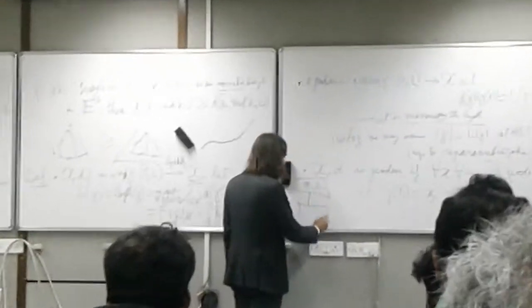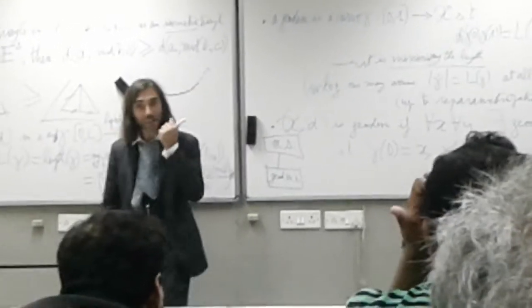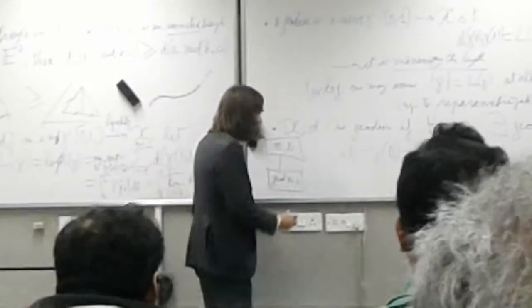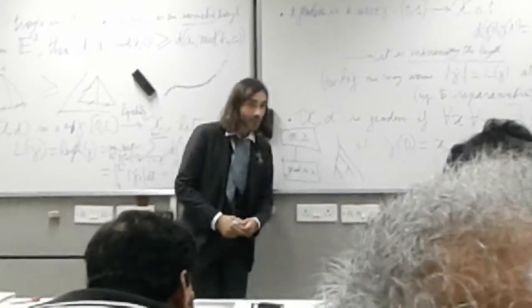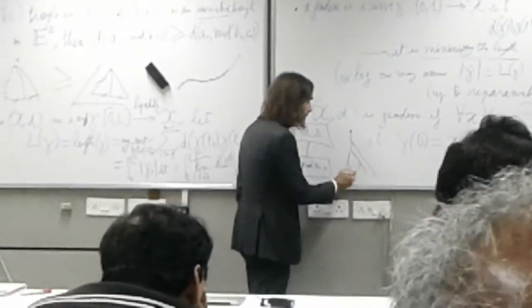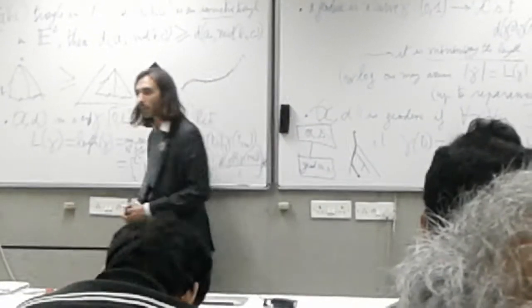And then a sub-part of this is geodesic metric spaces. An example of a geodesic space could be a tree. This is not a manifold, but still it is a geodesic space. If I want to go from here to here, there is at least one geodesic joining them.